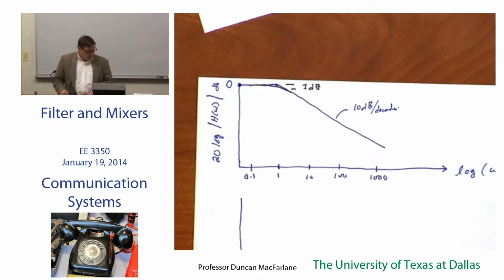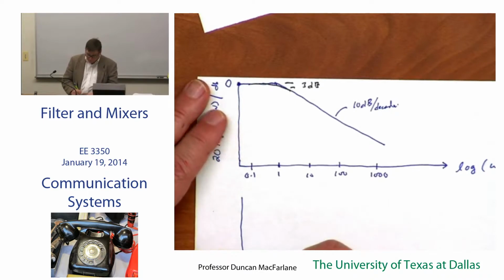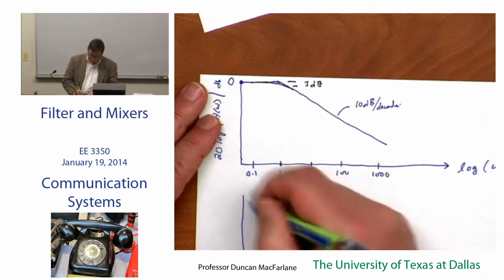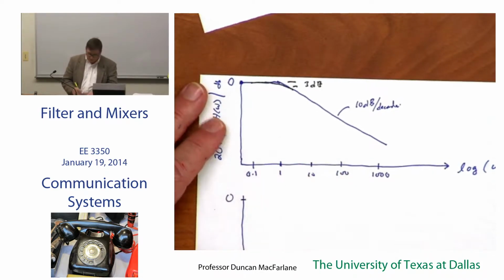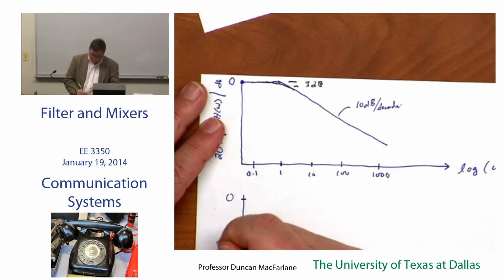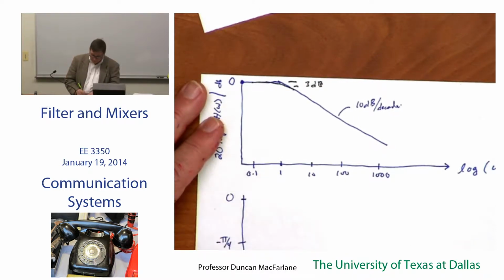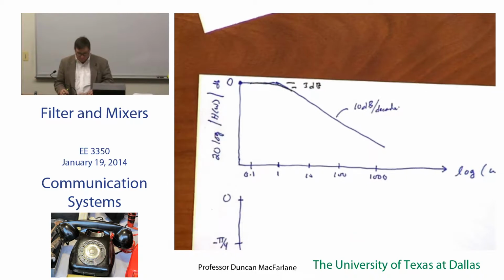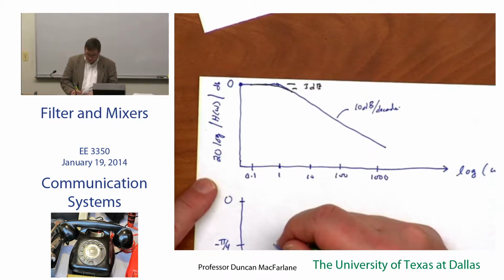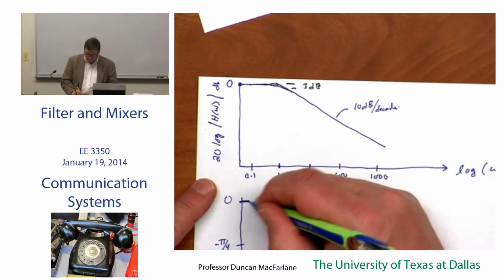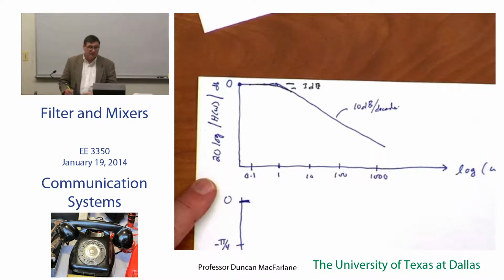All right. Now, as I pointed out before, there's a phase response. 0, minus pi over 4, minus pi over 2, 90 degrees. There's no phase shift for low frequencies.